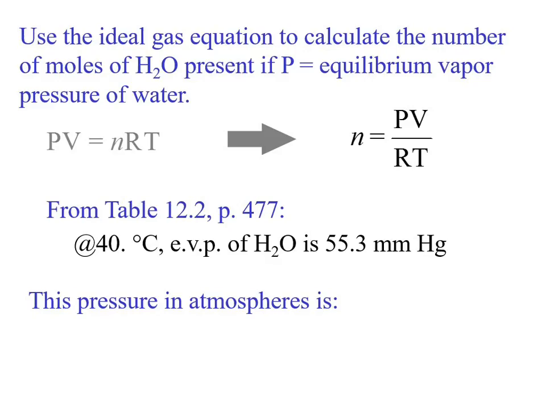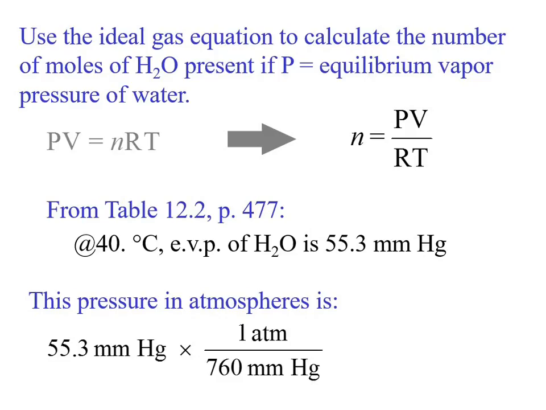We know that there's how many millimeters of mercury in one atmosphere? 760. So we start with 55.3 millimeters of mercury over 1, multiply by 1 atmosphere divided by 760 millimeters of mercury, and millimeters of mercury cancel, leaving atmospheres.